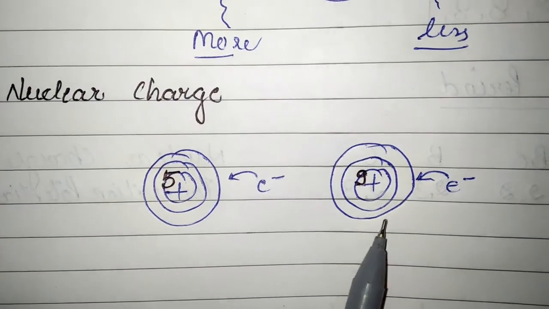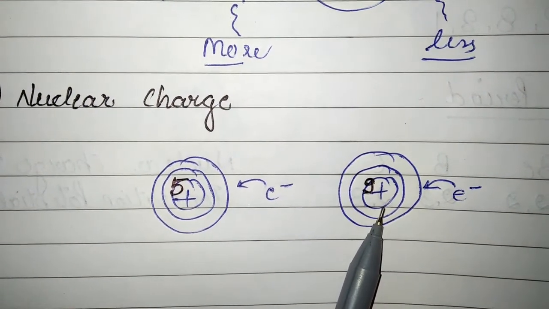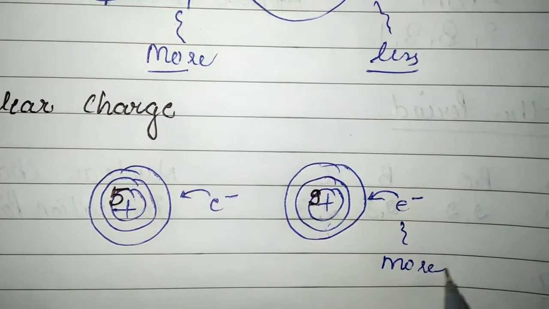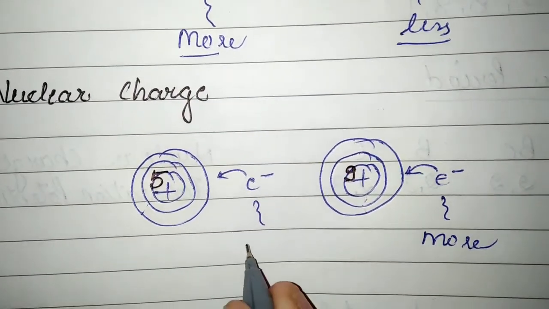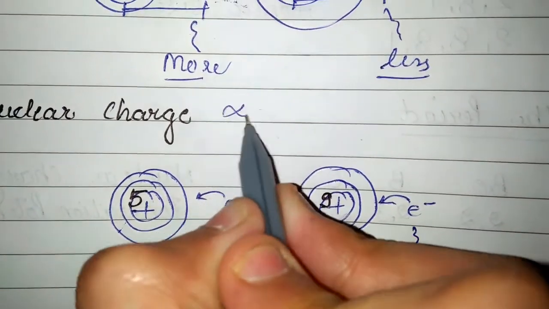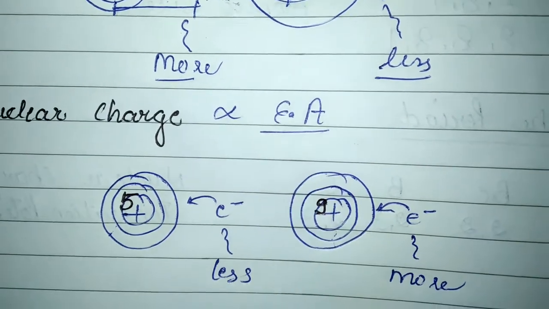Since here the nuclear charge is more, the tendency of the atom to attract the electron is more, so more energy will be released. But here nuclear attraction is less, so energy released is less. So nuclear charge is directly proportional to electron affinity. We got two factors.